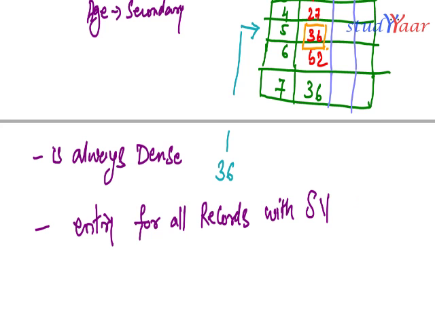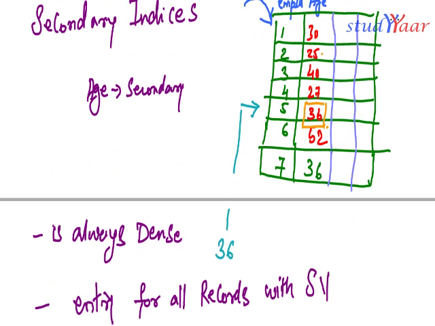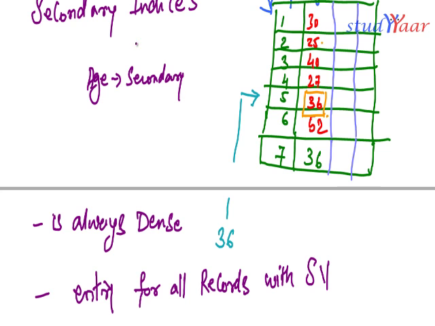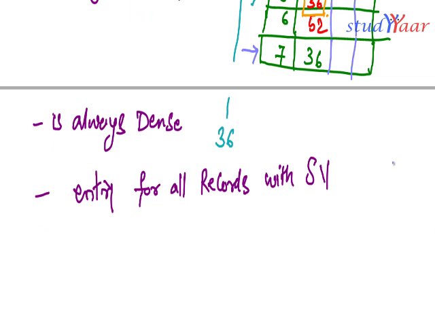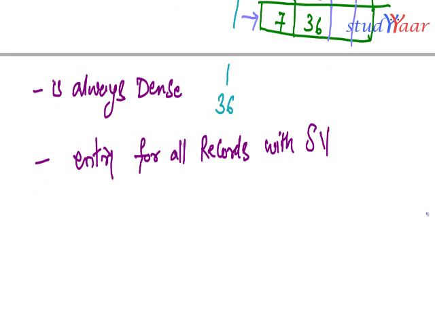For all the people having 36 as age, I should have a pointer. So it is dense, and it has all the records for a given search key value in its index entry.